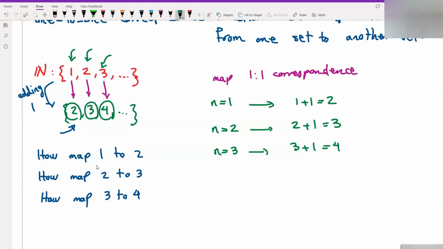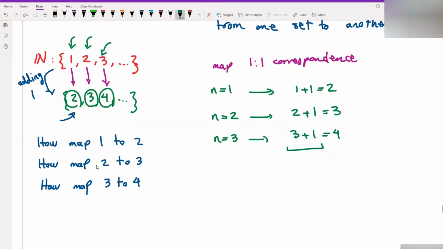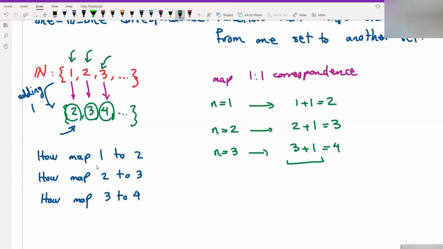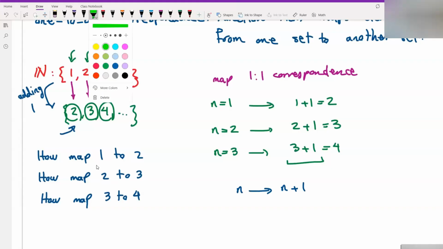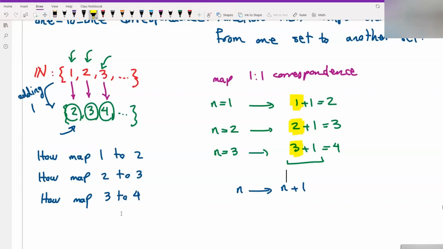So based on what we did here, our map is from n to n plus 1, because all the numbers to which we added 1 to find the other set are n.